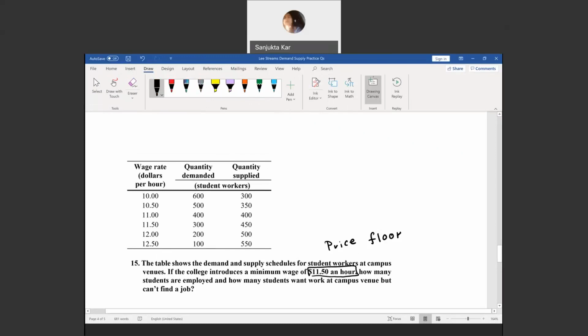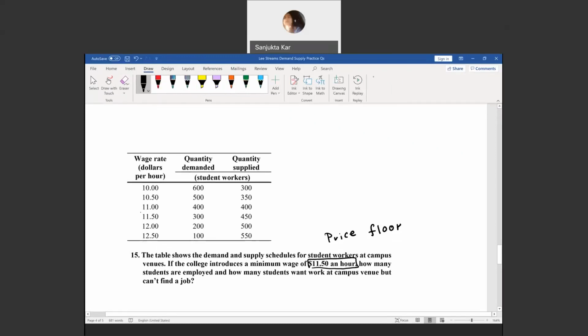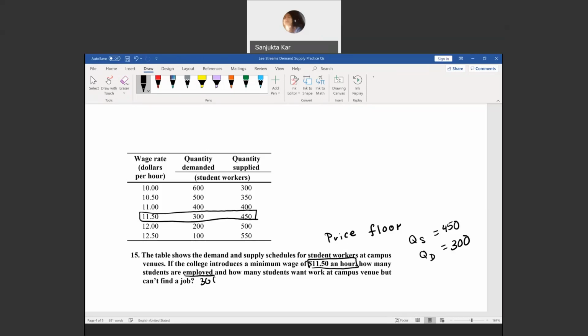How many students are employed and how many want to work at campus venue but can't find a job? Looks like at $11.50, quantity supplied is 450 but quantity demanded is only 300. So quantity supplied is 450, quantity demanded is 300. How many students are employed? 300 students are employed, that's equal to the quantity demanded.